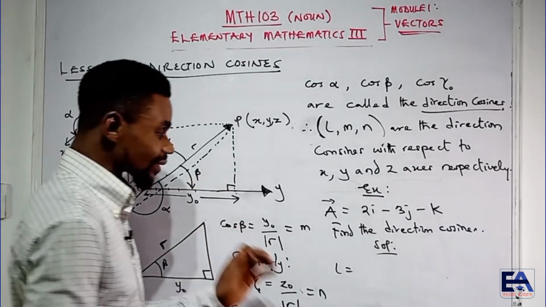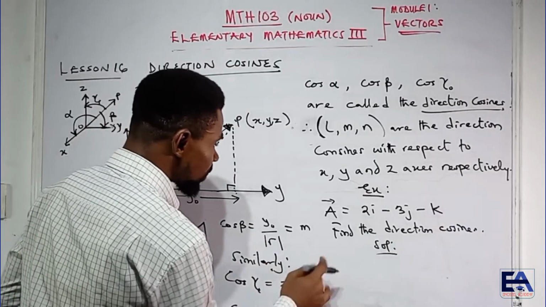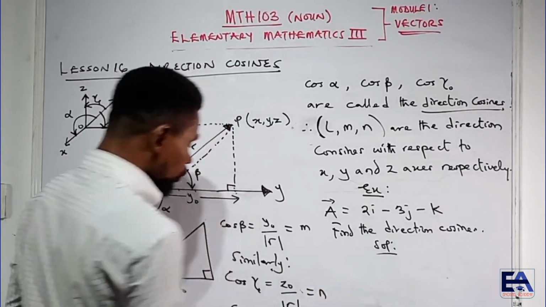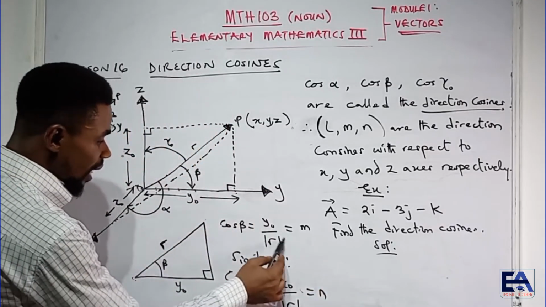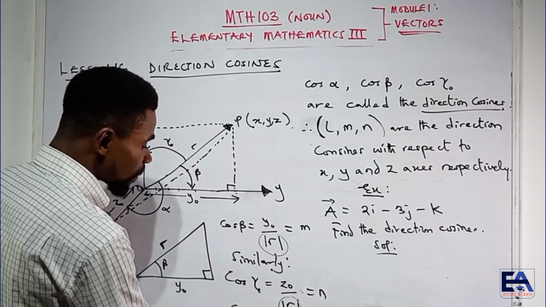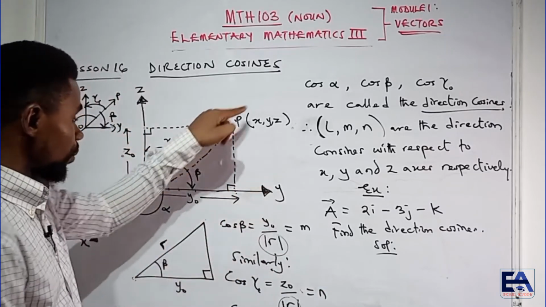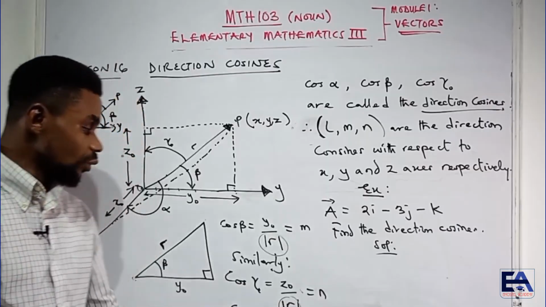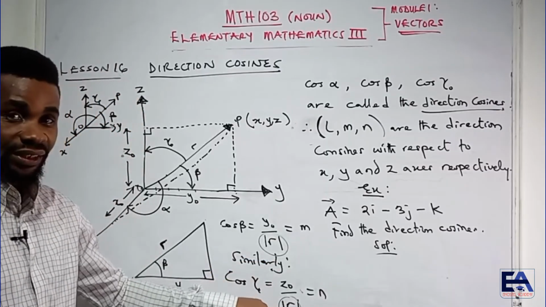So the very first assignment is to find the magnitude of A, because we are going to need it all through. This r represents the vector that is formed, so the magnitude of that vector is what we put here as r.